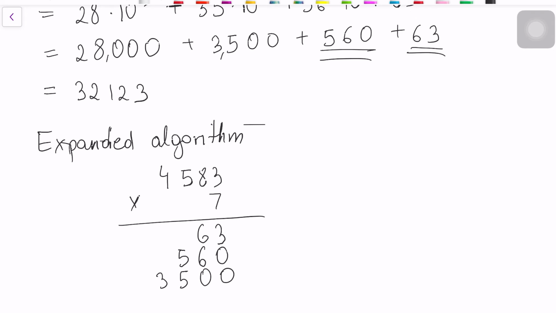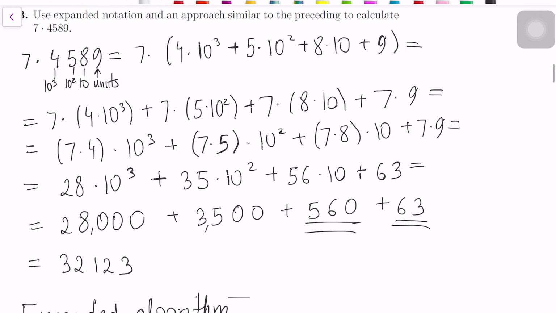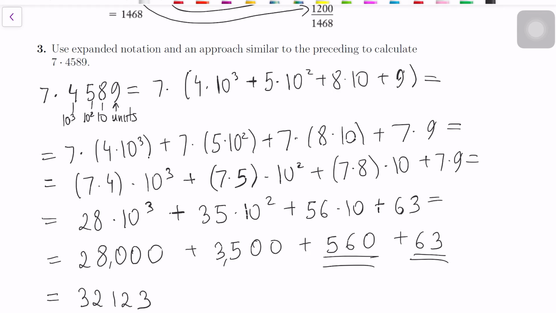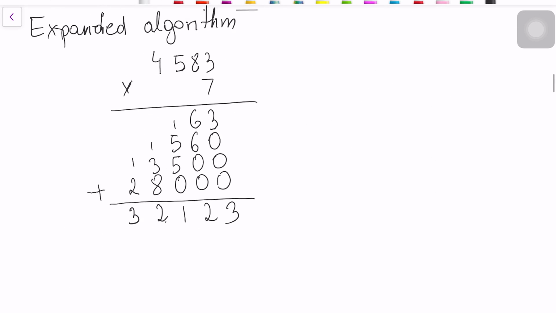And 7 times 4, that's 28, right? And 3 zeros. So you will put it all together. And now it's easy to add them. Maybe easier than before. 6 plus 6 is 12. So 2 number of units is 2 and 1 carries over. Okay, so the same as before. So now this expanded algorithm matches this writing right above. That's where it came from.